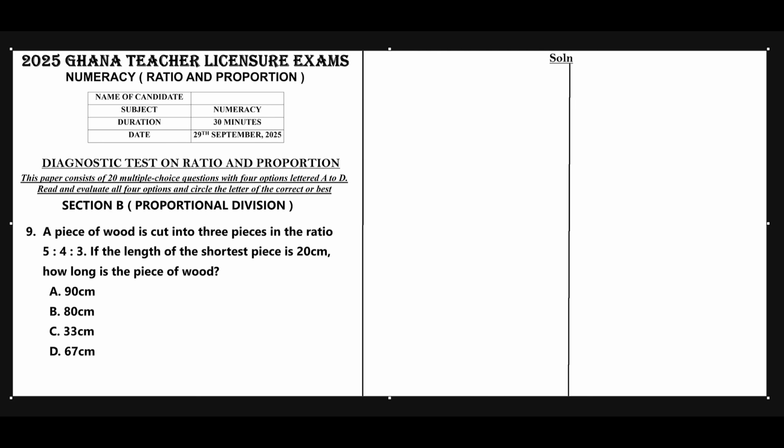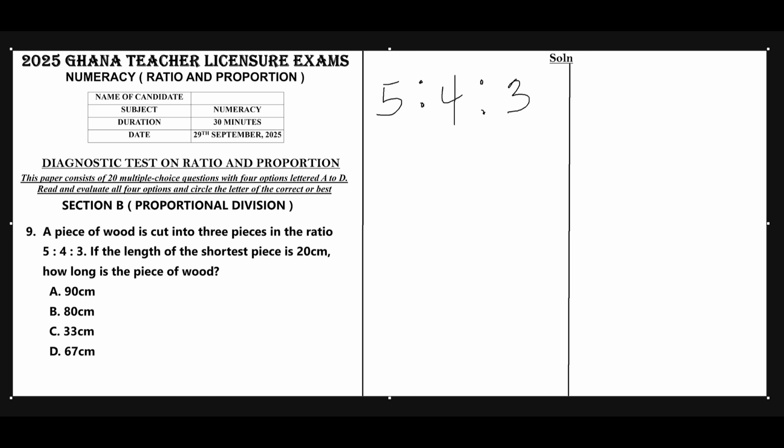Question 9. A piece of food is cut into 3 pieces in the ratio 5:4:3. If the length of the shortest piece is 20 centimeters, then how long is the piece of food?